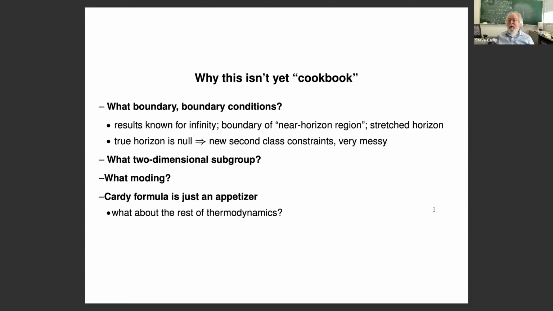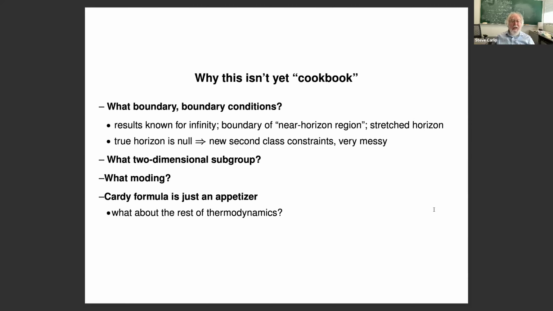It may be, though, that that's the wrong thing to look for. It may be that there are many different one-dimensional subalgebras or two-dimensional subalgebras that give you the same density of states, and that it's just different ways of looking at the same physical system.